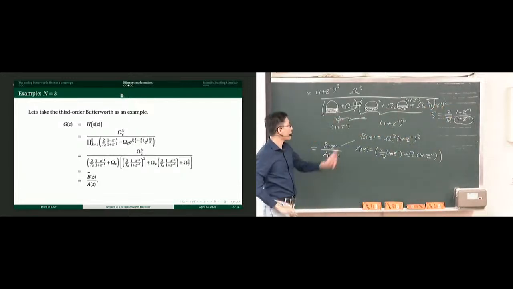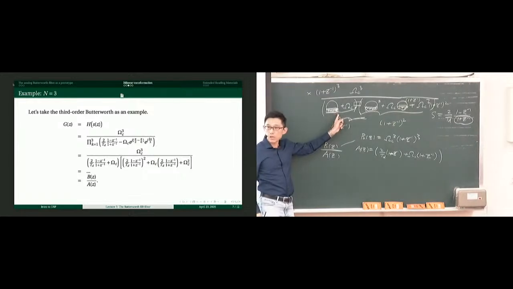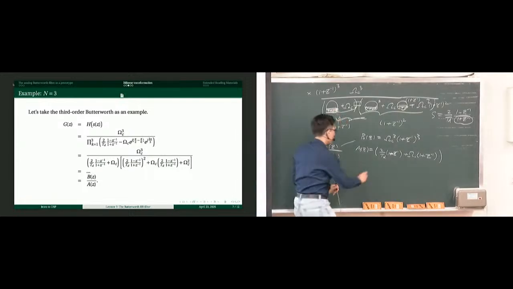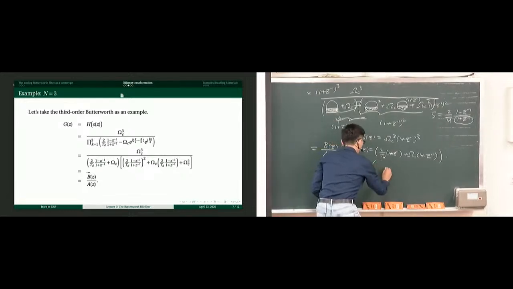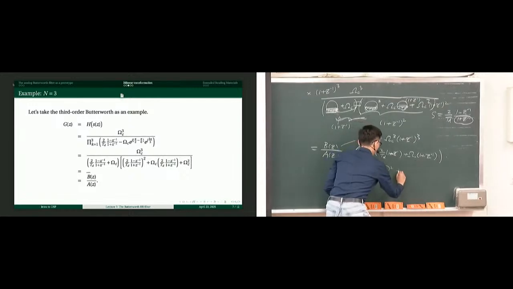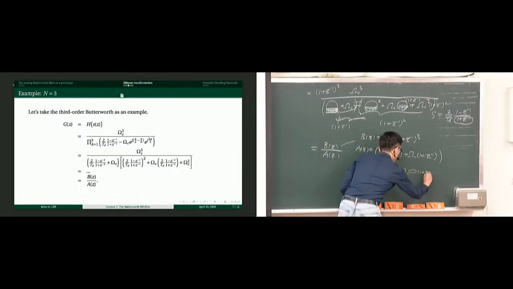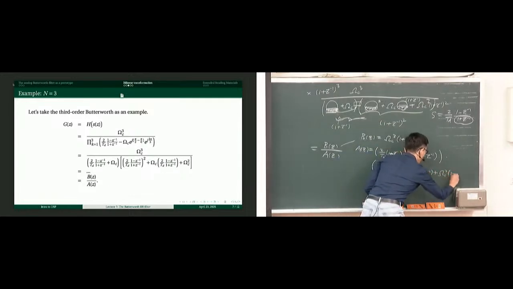So now, do we have a polynomial? Yeah. Okay. Now, A of z is this times something squared plus omega c something times 1 plus z inverse plus omega c squared times 1 plus z inverse.